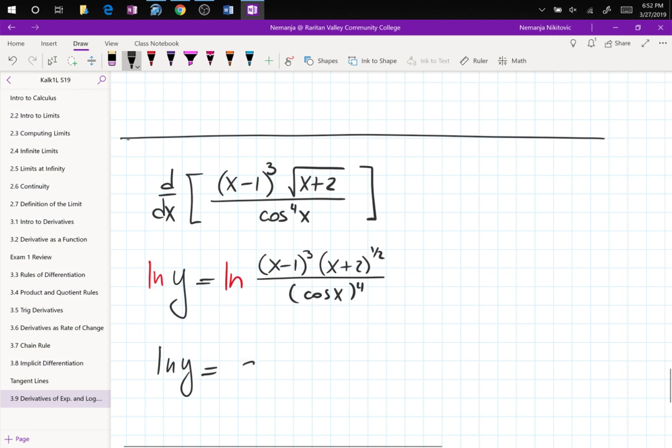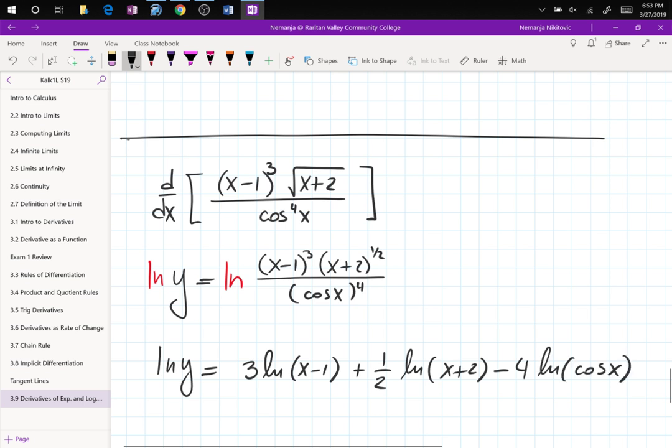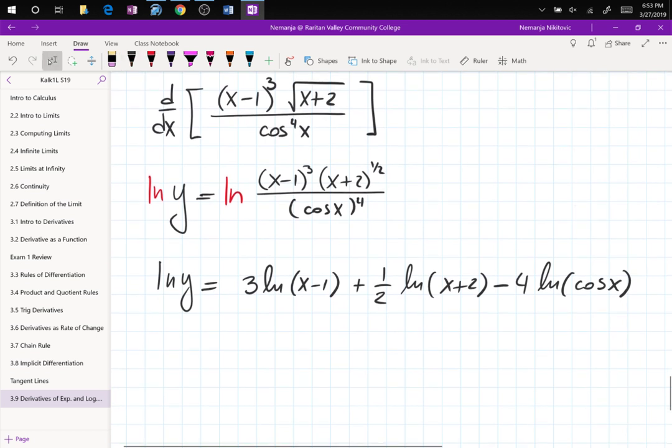So this becomes 3 ln of (x minus 1) plus 1/2 ln of (x plus 2) minus 4 ln of cosine x. This is logarithmic expansion from pre-calculus 1 using those three formulas.